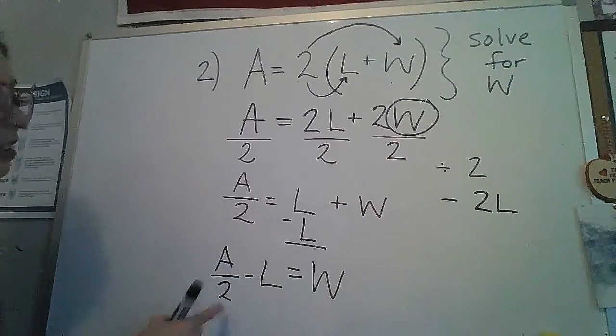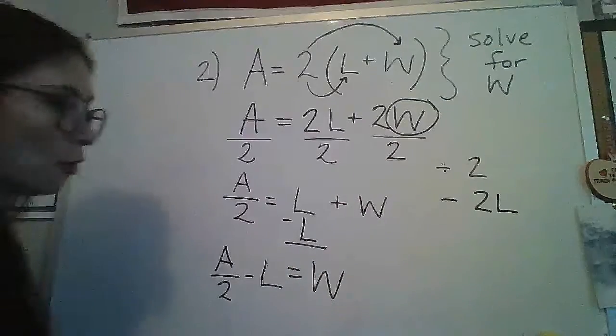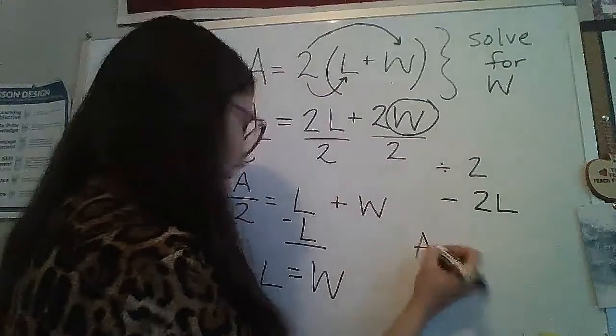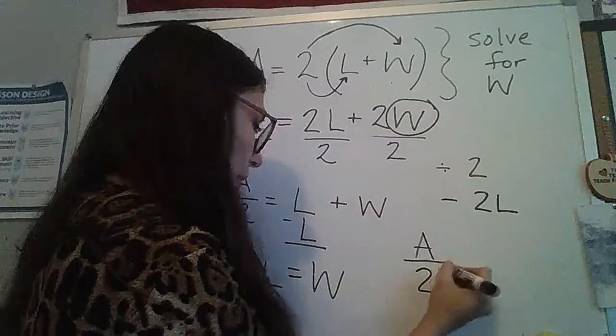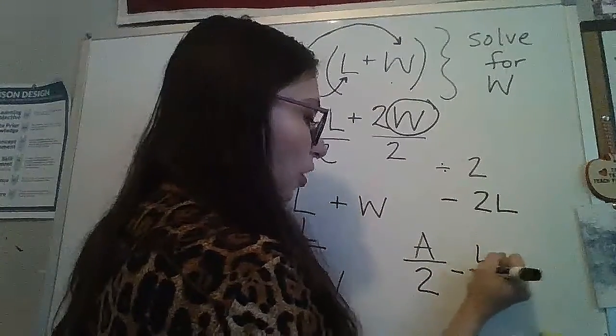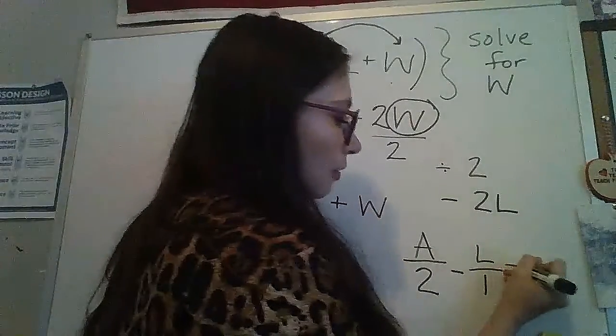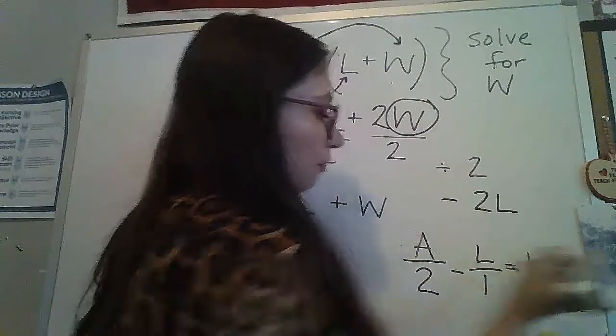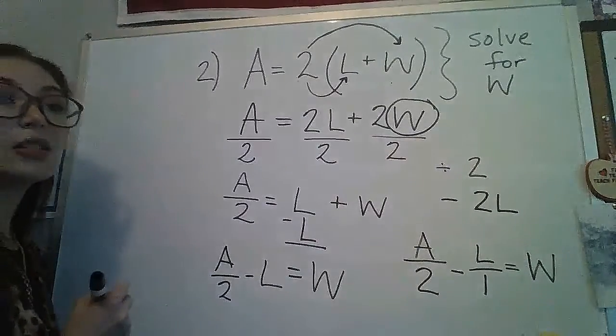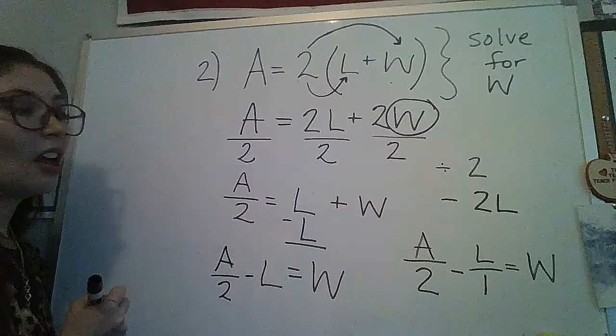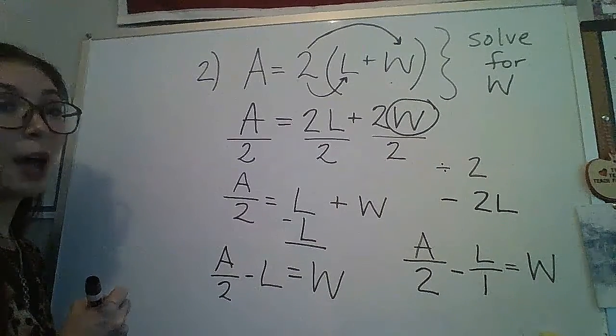Now let's talk about this format. A over 2 minus L, and we're going to pretend like it's over 1, equals W. In these situations, people want you to find a common denominator.